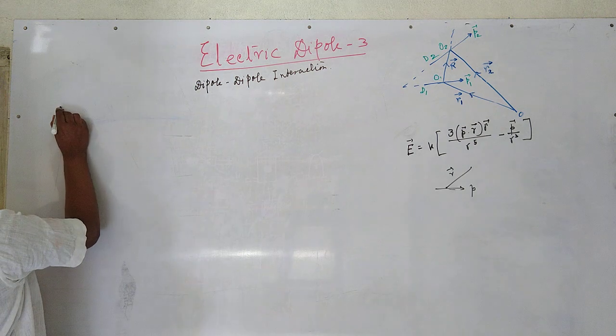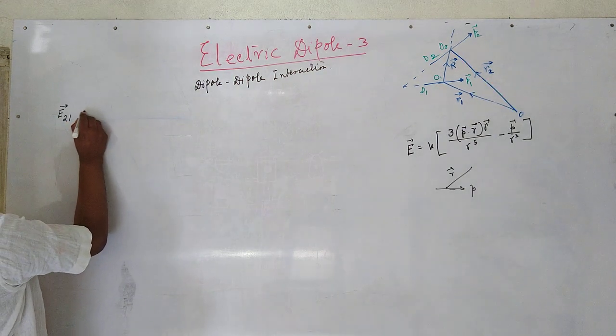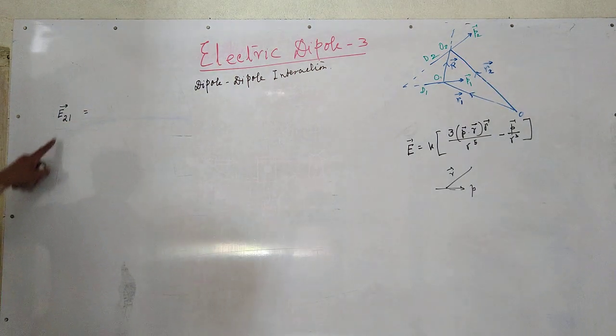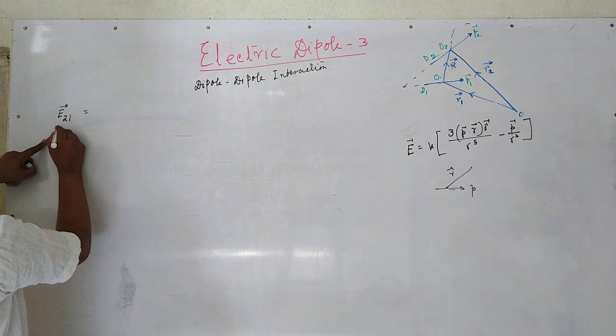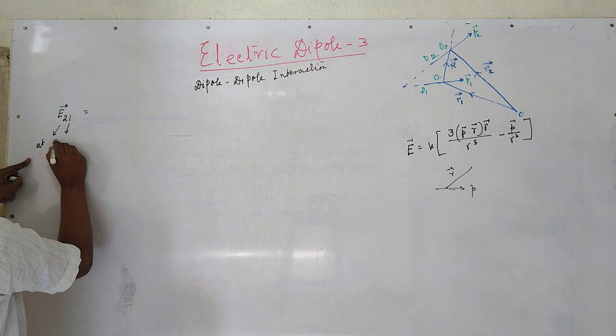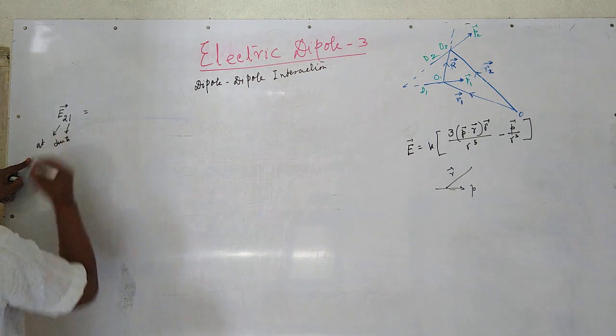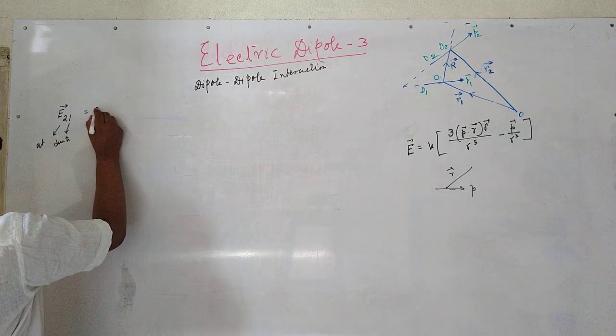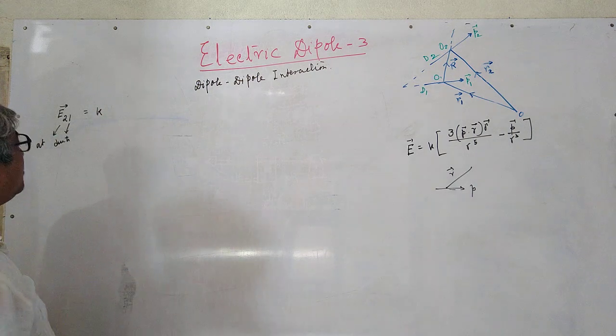So if we want to calculate the field at the location of dipole 2 due to 1, this is E21, and the second suffix is 2. We write it when the dipoles are placed in vacuum.